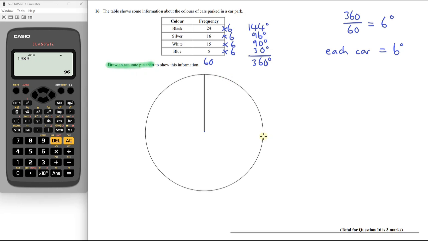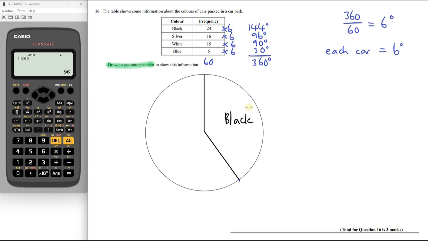So this is 90 round here. 140 is round here. 144, for me, I think it's about there. It might not be perfect. Apologies, I just dropped the protractor. So I'm going to get my line tool out and just measure a line from here to here. And now we just need to label that. So that is going to be black, and I'm going to do it in black.